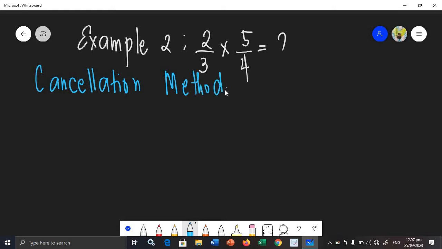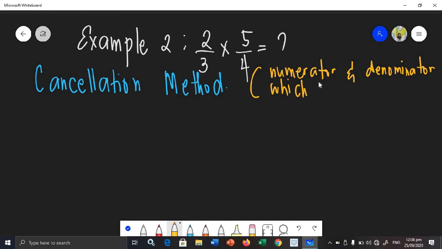We cancel the numerators and denominators that have a common term, a numerator and a denominator which has a common factor, or the GCF.